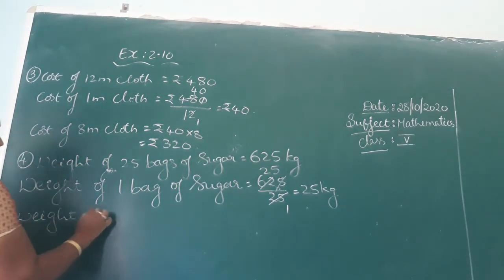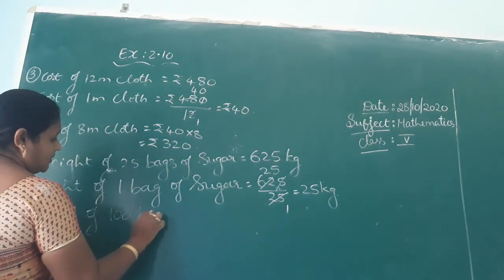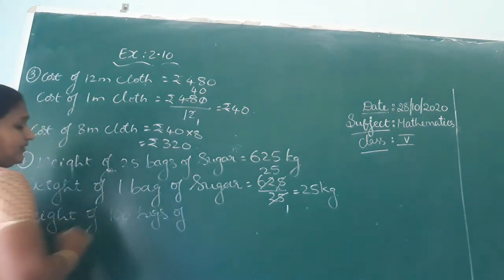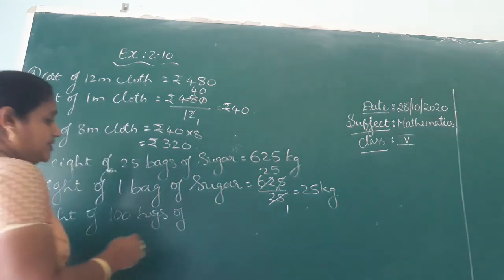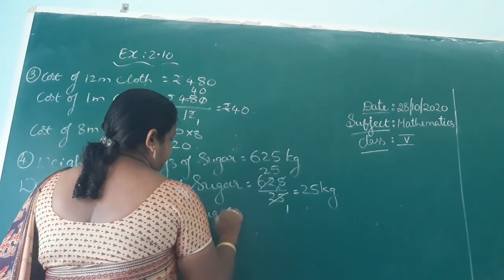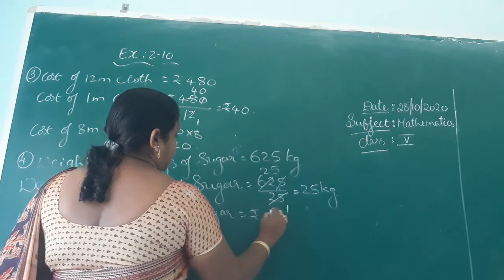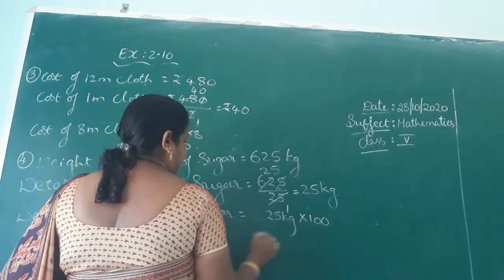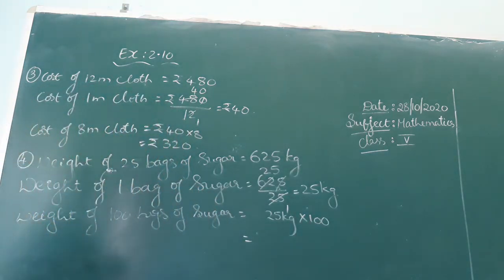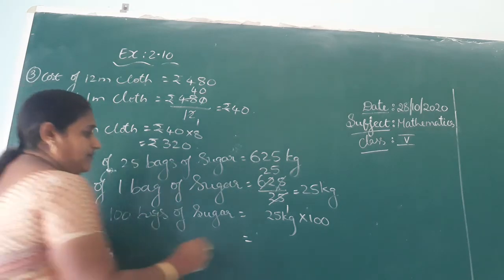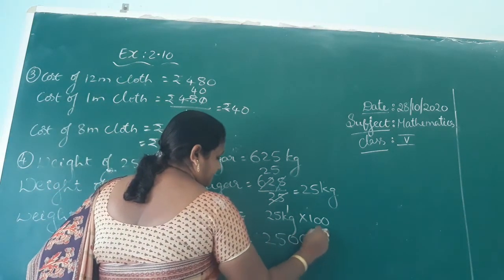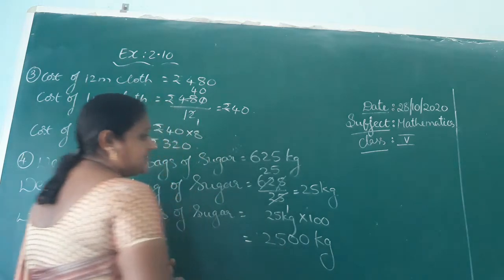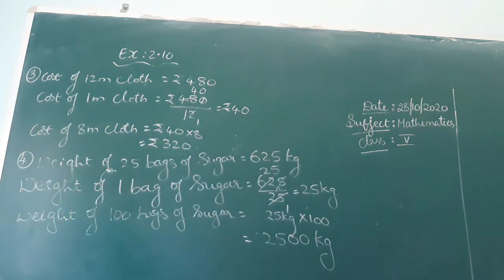It is 25 kg into 100, which is 2500 kg. The total weight of 100 bags is 2500 kg.